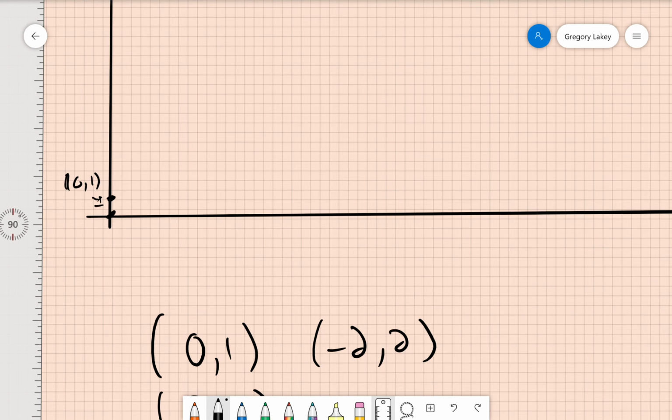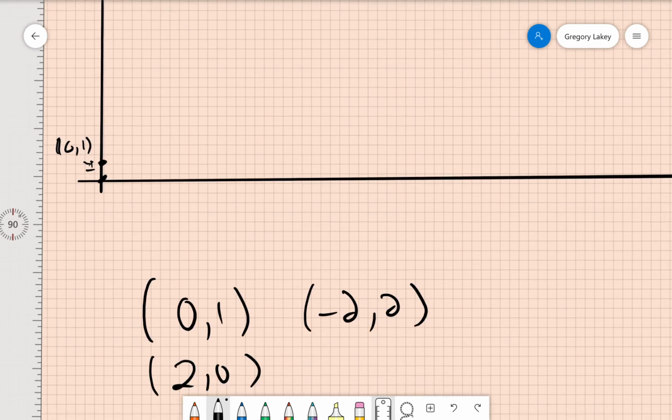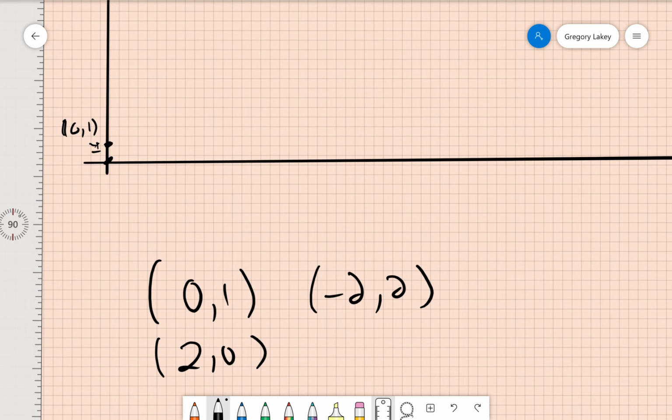So that's 0 and 1. And then what's the other one? You said it was 2 and 0. So I'm going to skip a line, skip that one, 1. Skip that one, 2. So this is going to be 2 and 0. And then we have -2 and 2.